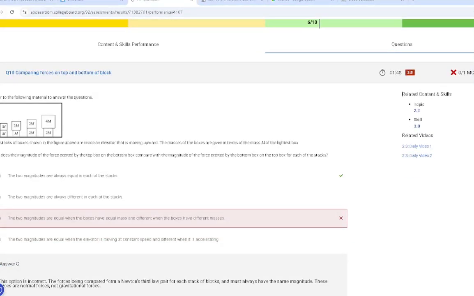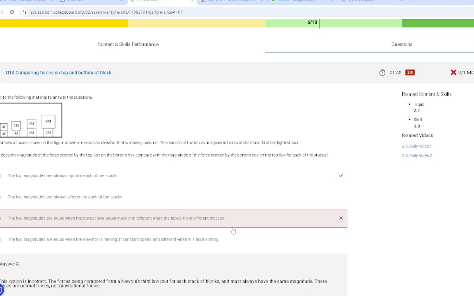For this question, I thought that the magnitudes are different if the masses are different because of gravity, but the force that they are exerting on each other is the normal force.